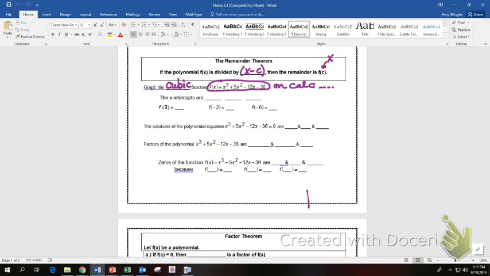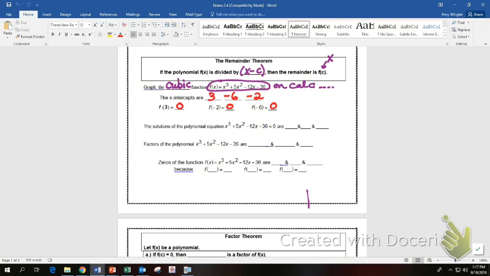When you graph this on your calculator, you should see that the x-intercepts are 3, -6, and -2. What that means for you in function notation is that f of 3 equals 0, f of -2 equals 0, and f of -6 equals 0.